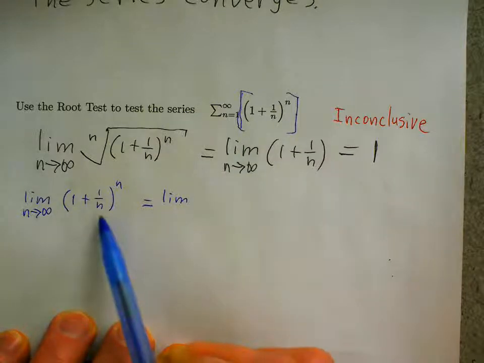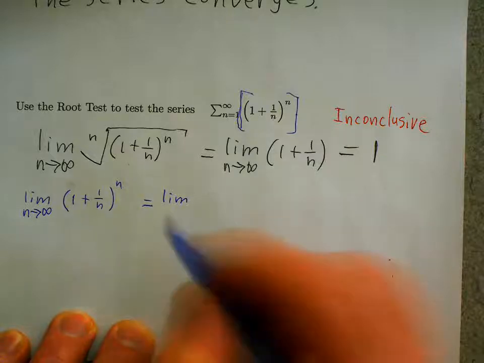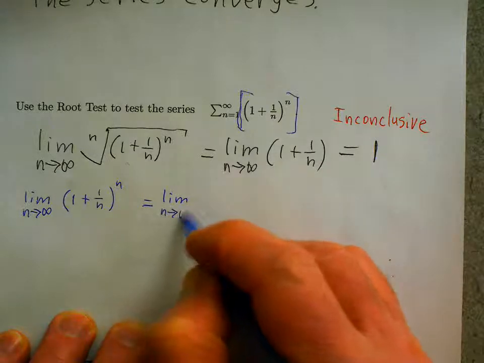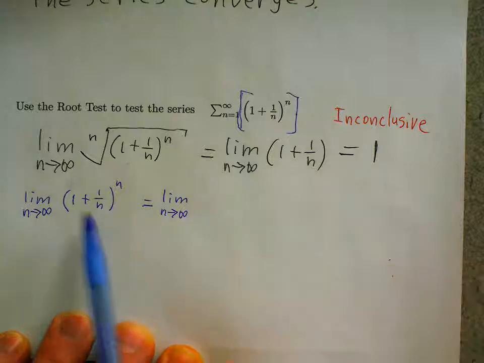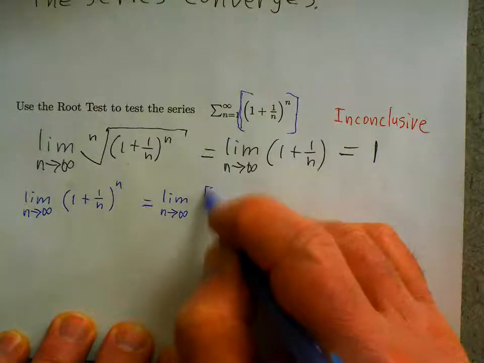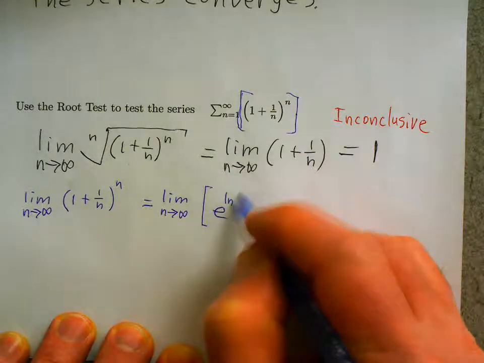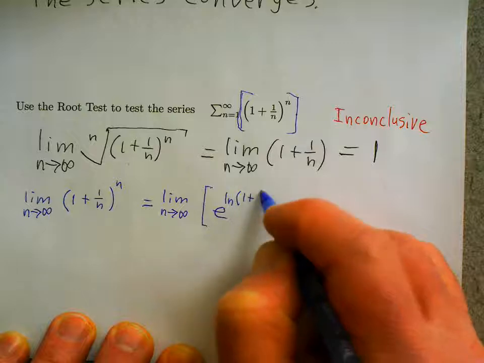Well, all of the terms are positive. So I'm going to rewrite 1 plus 1 over n as e to the natural log of 1 plus 1 over n.